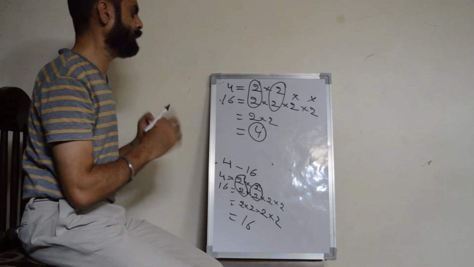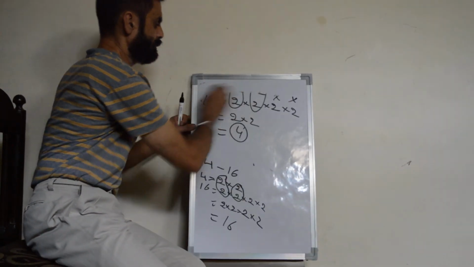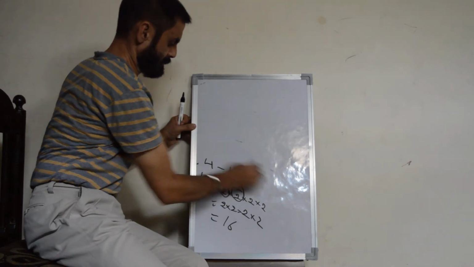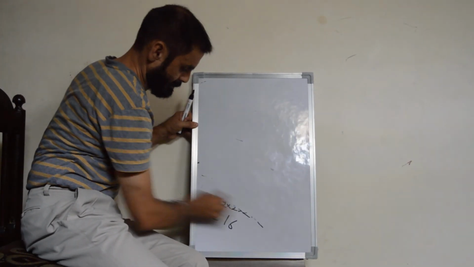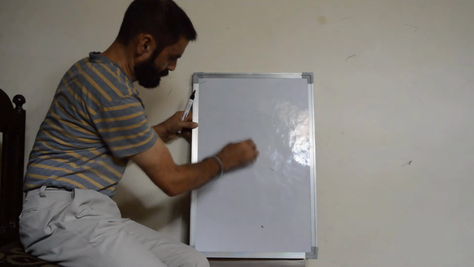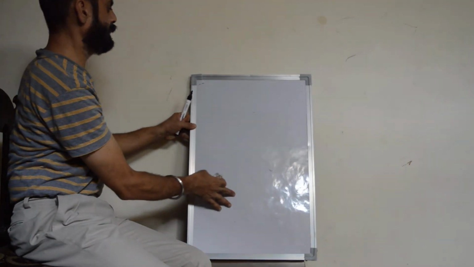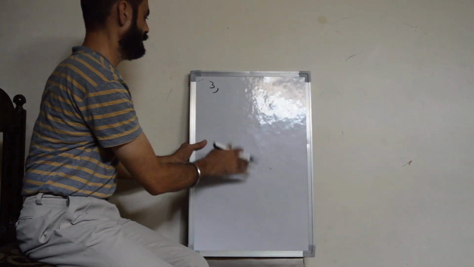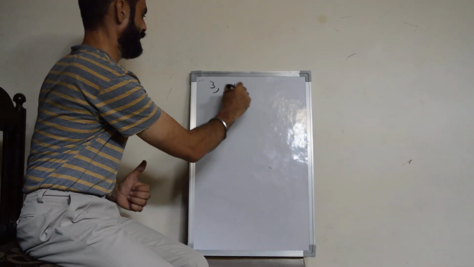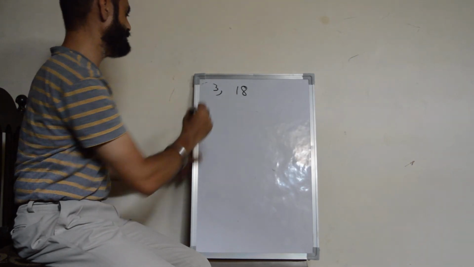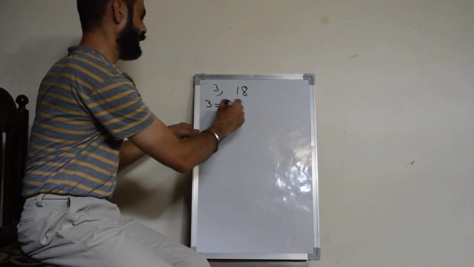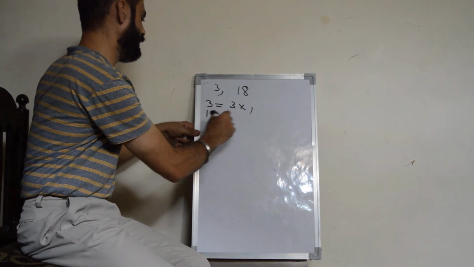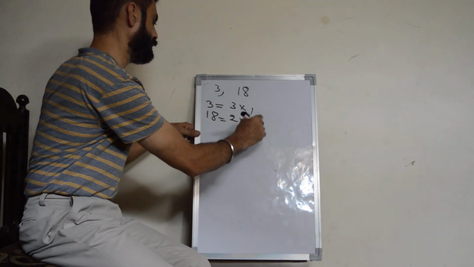Right? Let us take one more small example. Let the numbers be 3 and 18. So if we have to find out the LCM, the factors of 3 are 3 into 1, since 3 is a prime number, and the factors of 18 are 2 into 3 into 3.